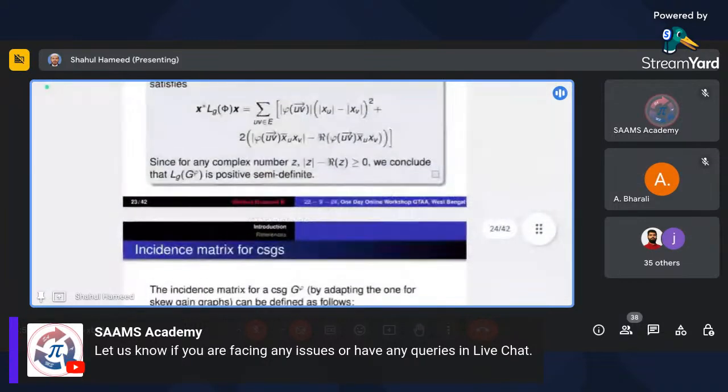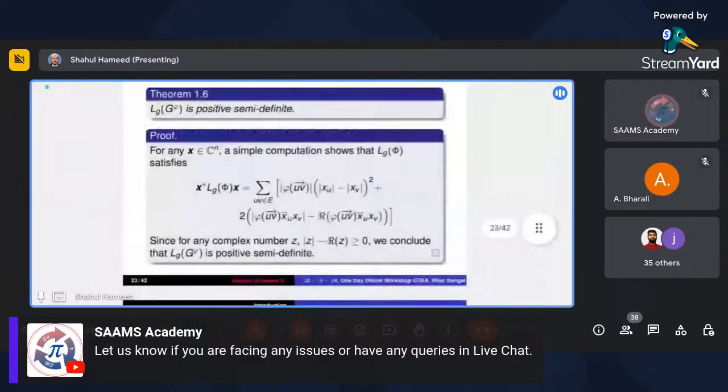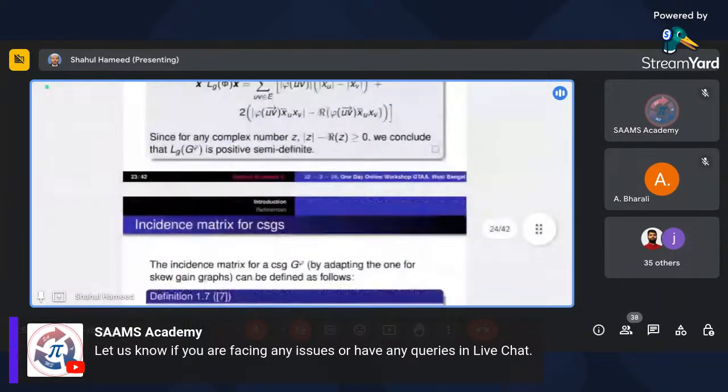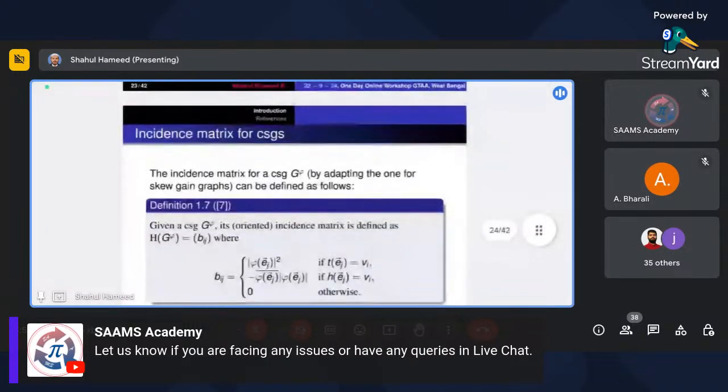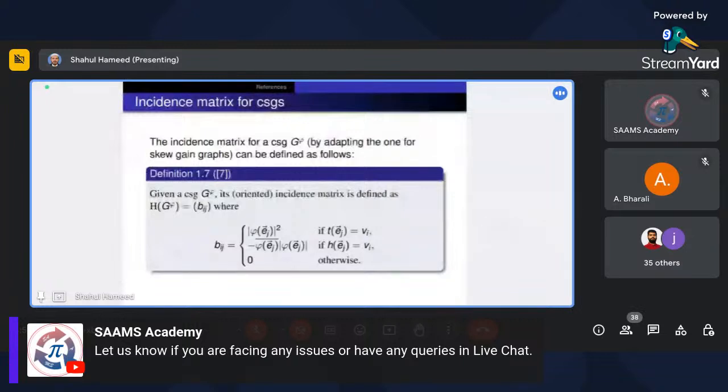Now, in order to connect this G-Laplacian with the incidence matrix, rather I should call it the oriented incidence matrix, this is how it is defined. If you have a conjugate skew gain graph G phi, you can have an incidence matrix, whose entries I call Bij. Bij should be defined like this.